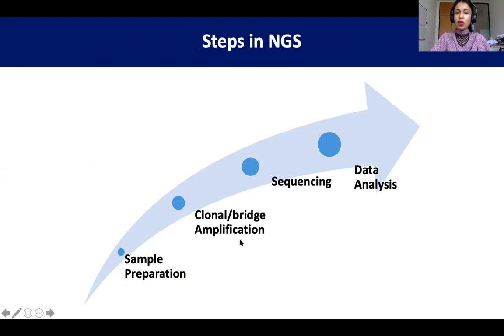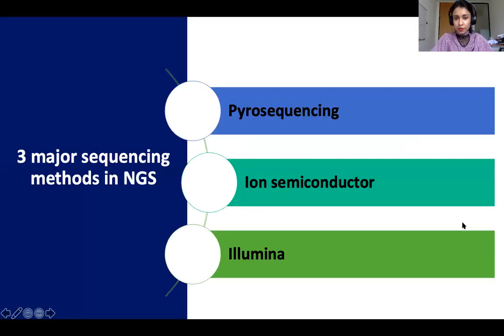Next step is to do your clonal amplification or bridge amplification, depending on the technology you're choosing. So if you are using Ion Torrent, or if you're using pyrosequencing, you will have, of course, emulsion PCR for your amplification process. And if you're using Illumina, you use the bridge amplification technique, right? Third is, of course, the sequencing itself. And finally is data analysis, right?